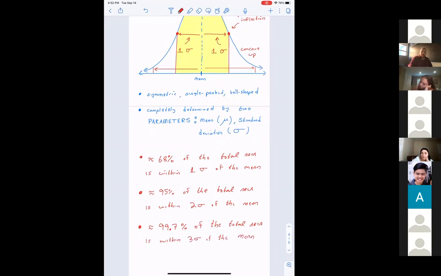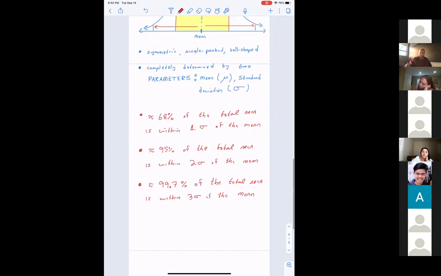Now, there's a law in probability, and it is called the 68, 95, 99.7 rule. Can anyone guess what the 68, 95, 99.7 rule says? I know this is going to be a tough one, but can anyone guess what it says?